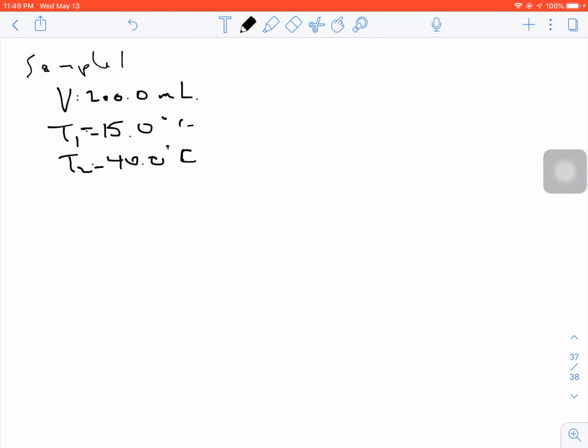Okay, so the other thing that I'm told is that it's water. And if it's starting at 15 and ending at 40, I know that it's got to be liquid water, because if it was less than 0, it would be solid. If it would be more than 100, it'd be a gas. But at 15 and 40 degrees, it's going to be liquid water.